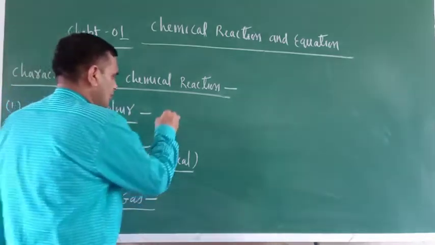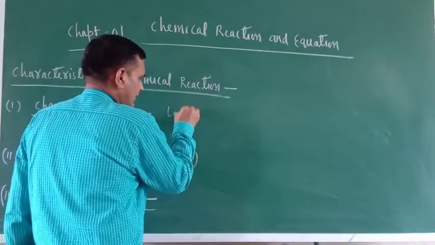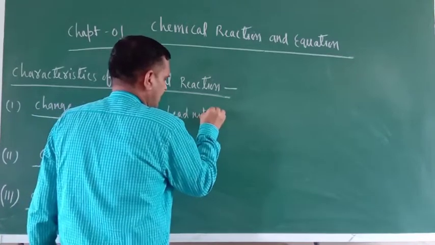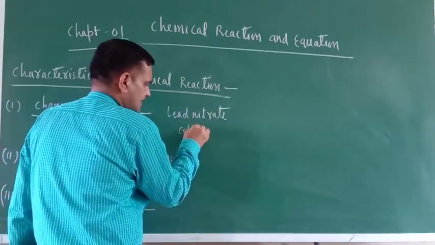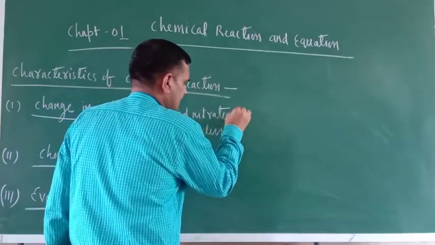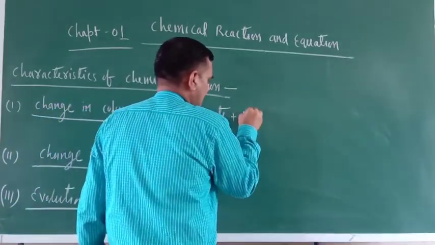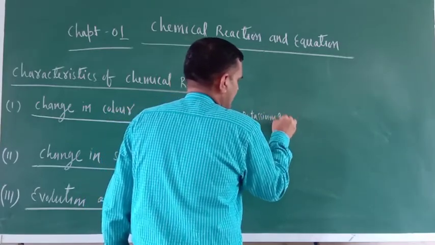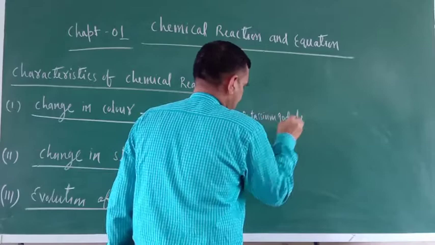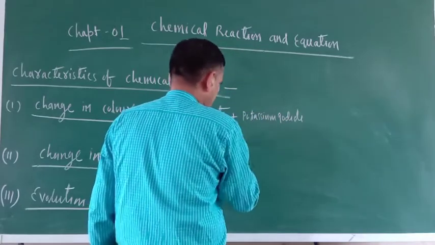Just see here, you have taken lead nitrate. Am I correct or not? What kind of solution is this? This is colorless. Next one is potassium iodide. Potassium iodide solution is also colorless.